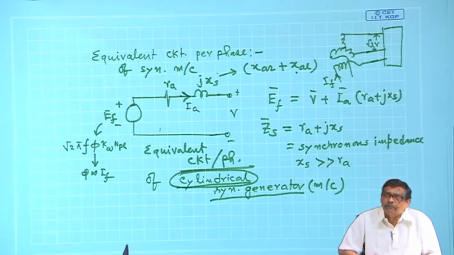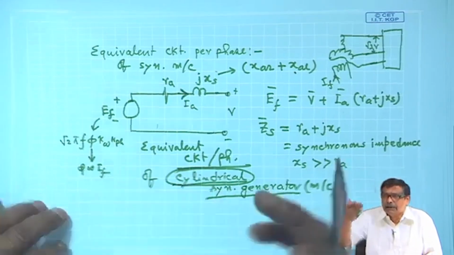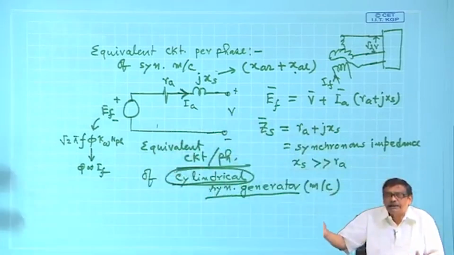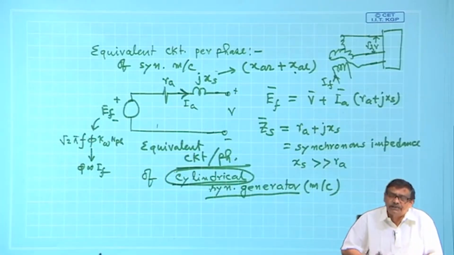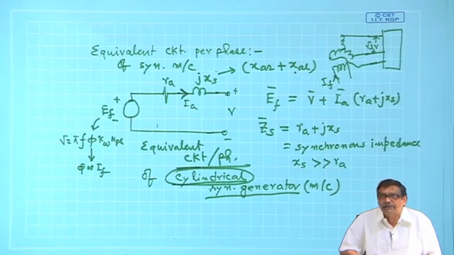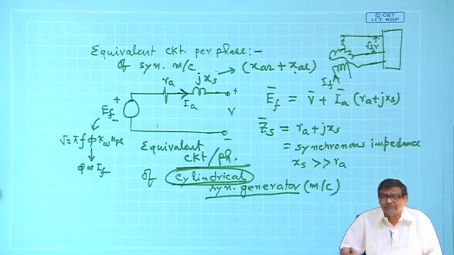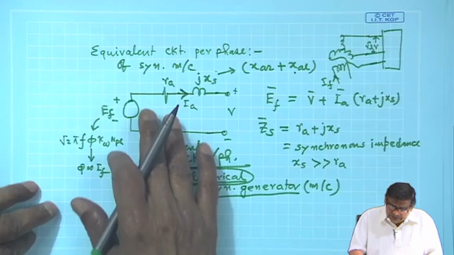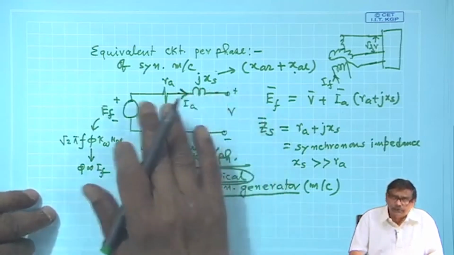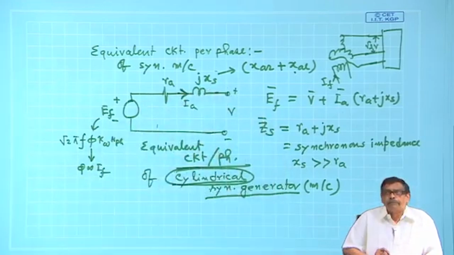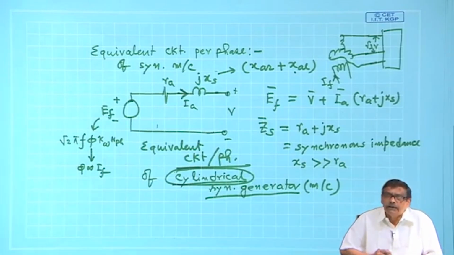In fact, power system engineers will not bother about R A while modeling a transmission line and a synchronous machine. They will simply say it has only synchronous reactance, because the effect of R A will be small when calculating, say, fault current in a system and so on. Nonetheless, we will take R A and X S together and try to find the expression of power and torque developed by the machine.